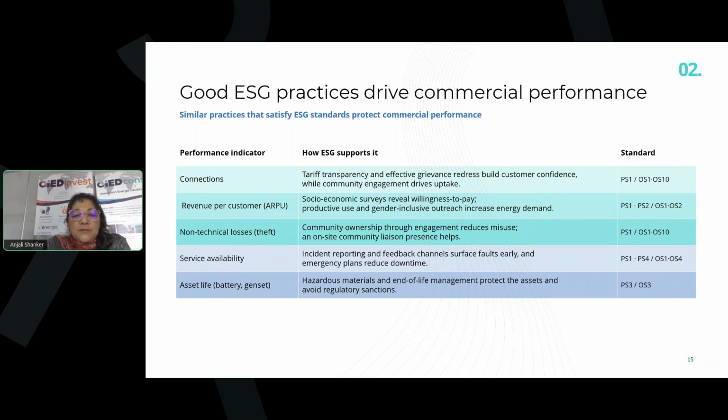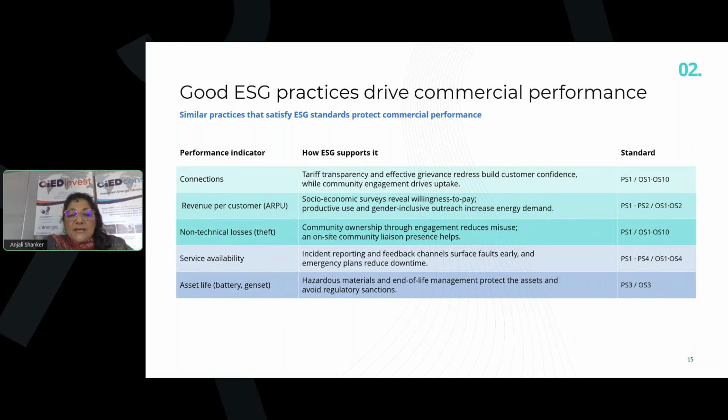We also want to achieve service availability. Therefore, having a proper, transparent and effective system in terms of incident reporting and feedback channels makes faults surface early, and emergency plans and corrective measures can be implemented quickly, reduce downtime, and avoid frustration from clients.